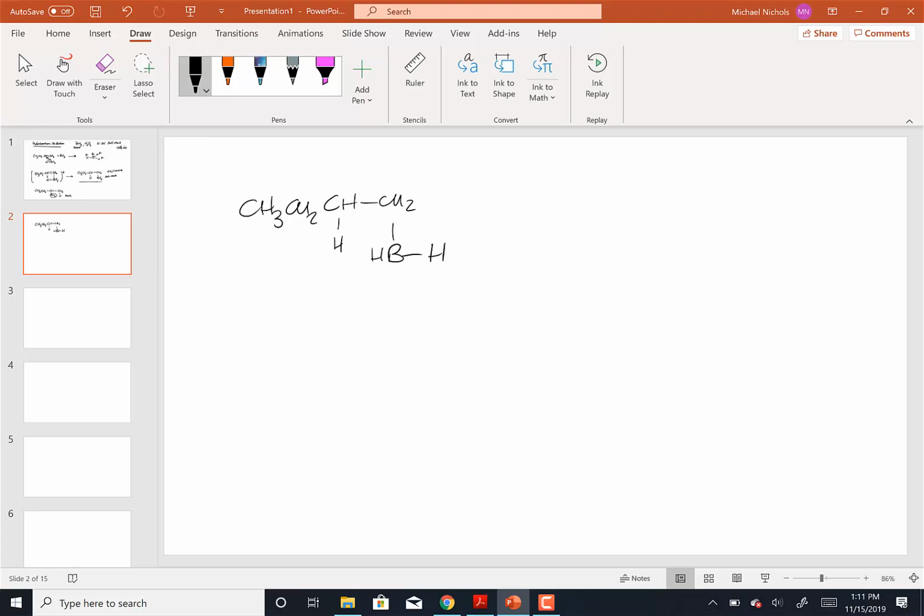That other BH bond could now add so that the CH2 of the double bond is going to add also to boron, so I could have this pair of electrons now go here and have this pair of electrons go there, so that now I can form a second equivalent of the borane.